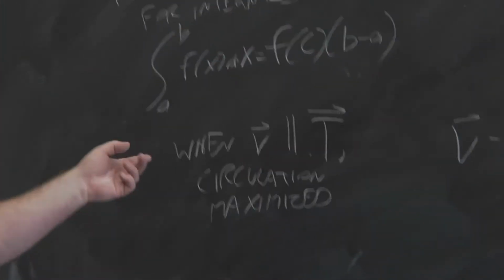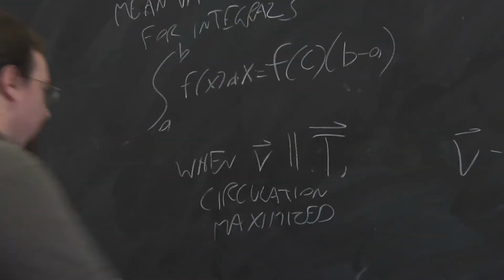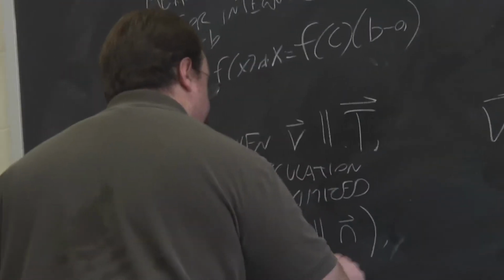At the same time, the circulation is also maximized when the curl of V is parallel to the normal vectors, which is the axis of circulation.